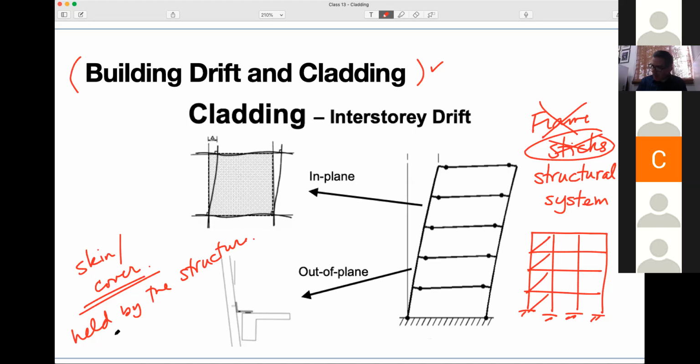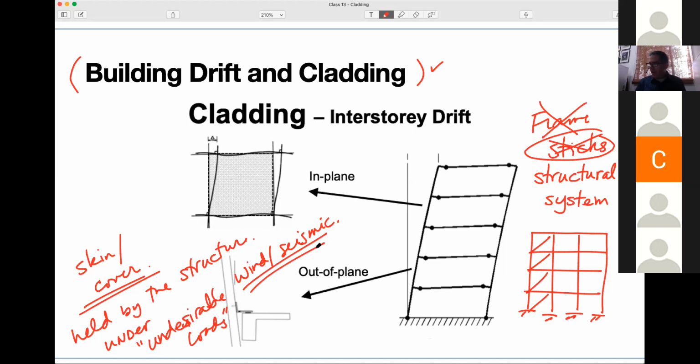And it needs to be held under, and I will go ahead and call them, undesirable loads. When we say undesirable loads, we would be talking about wind, seismic. So much of what we talk about here with the issues on cladding, we're going to talk about in terms of lateral loads.